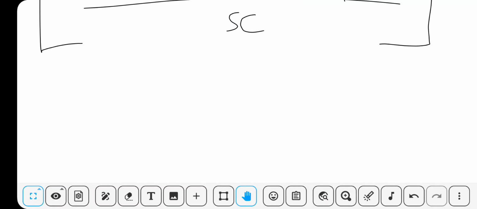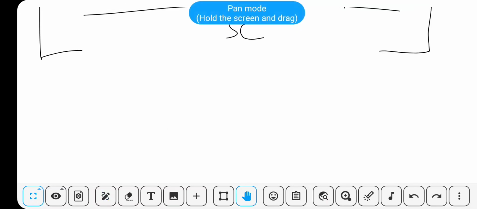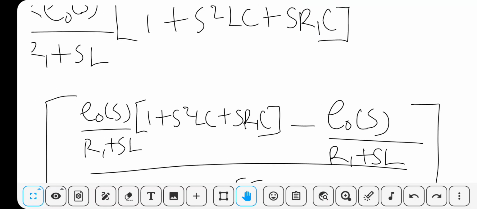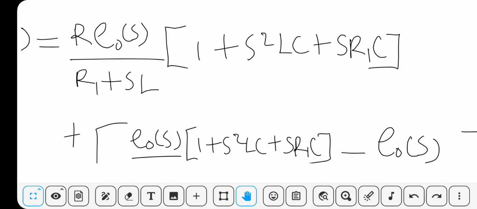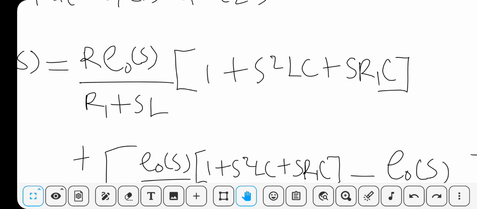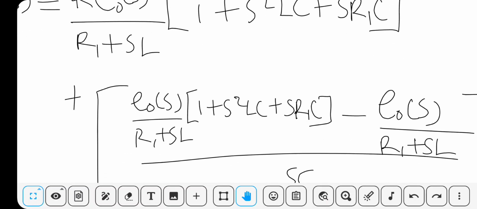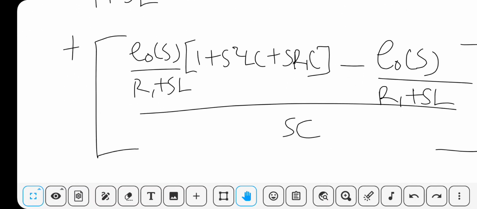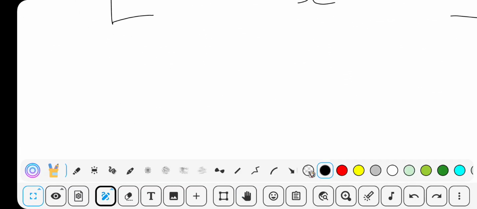So simplifying further, from here we can see that, this is not exponential, sorry, E naught of S over R1 plus SL is common, so we can bring it out.